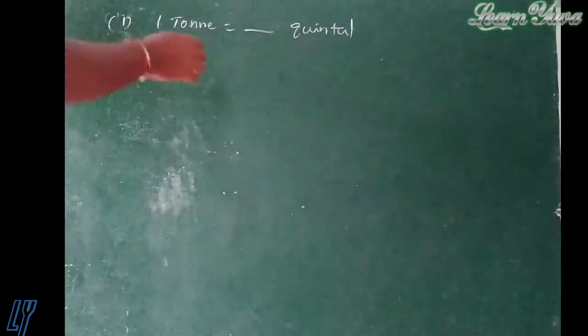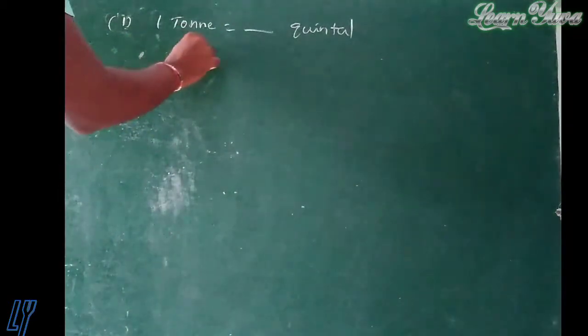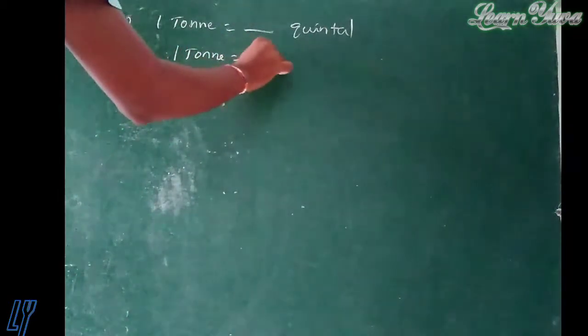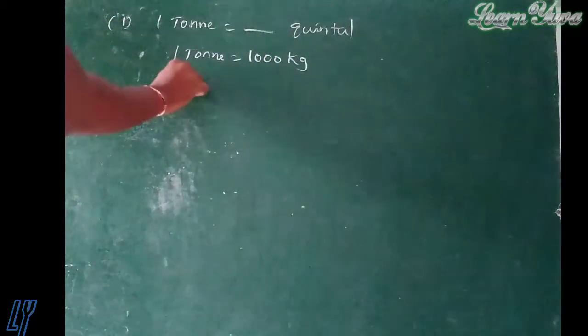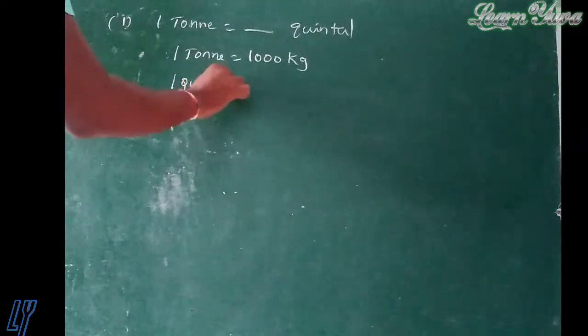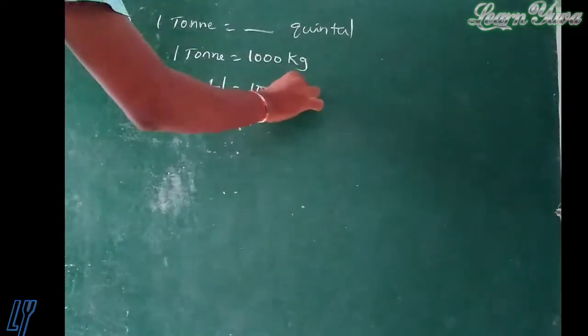1 ton is equal to dash quintals. It is regarding mass. As you know, 1 ton is equal to 1000 kg, and 1 quintal is equal to 100 kg.